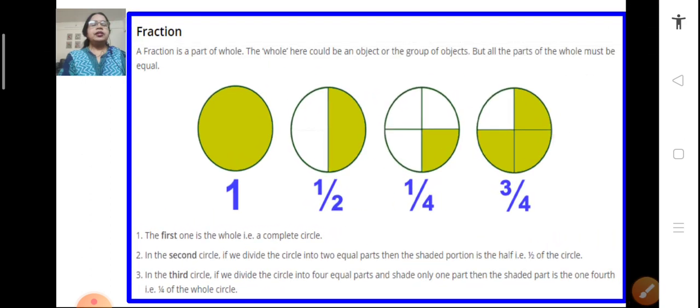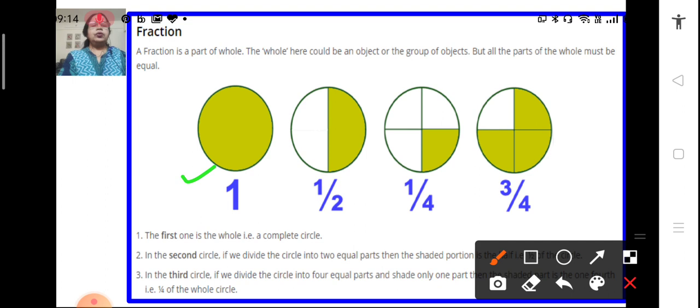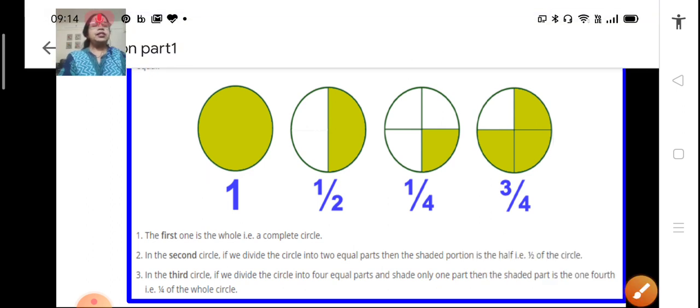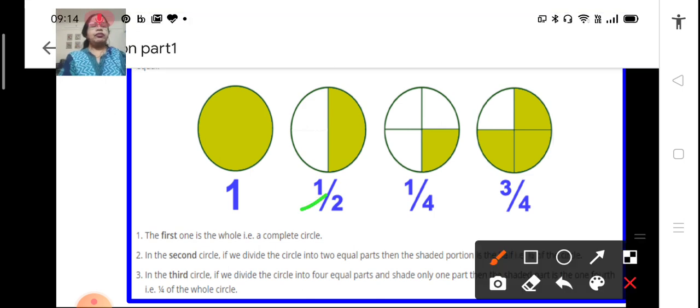So a fraction is a part of a whole. The whole here can be one object or a group of objects, but the parts of the whole should be equal. So in the first one, here we have a whole or a complete circle. In the second circle, if we divide the circle into 2 equal parts, then the shaded portion is half.